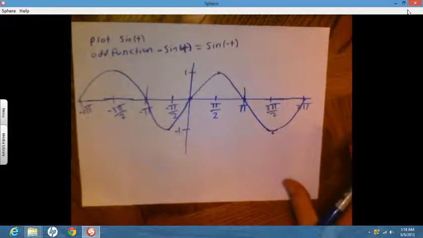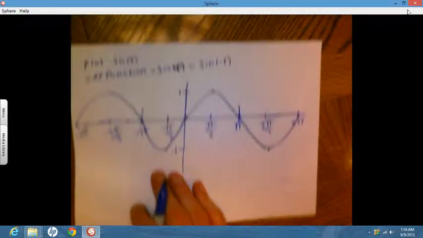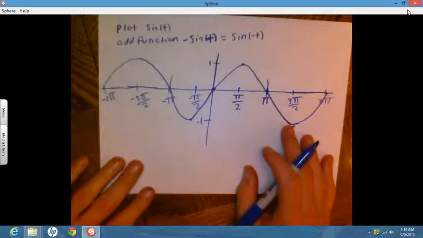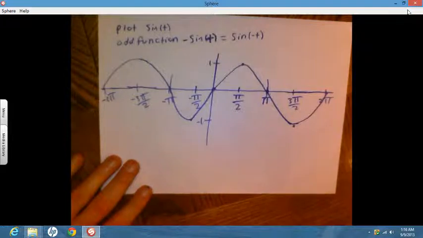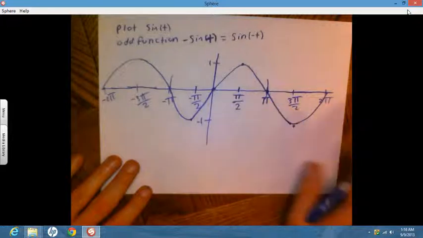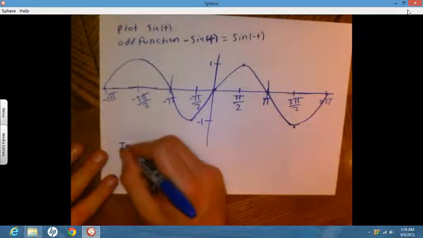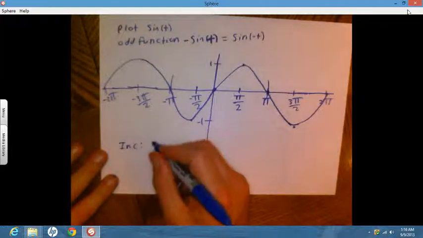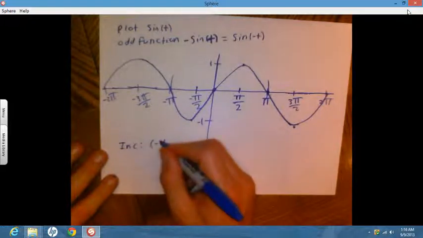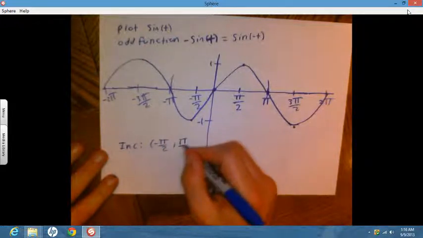Now, for the cosine function, we do the same type of thing. Oh, I also might want to note a couple things here, is that you'll notice that it's increasing from negative pi over 2 to pi over 2. Okay? And where is it decreasing?